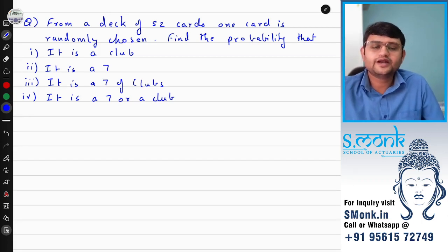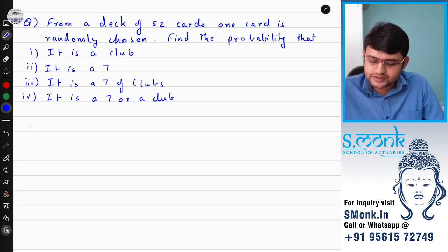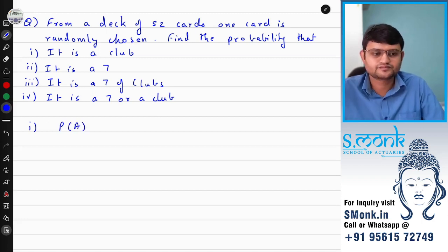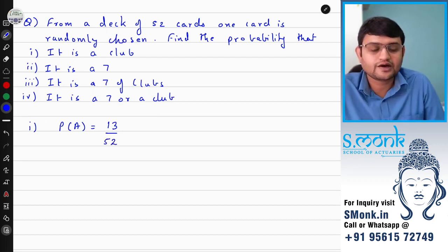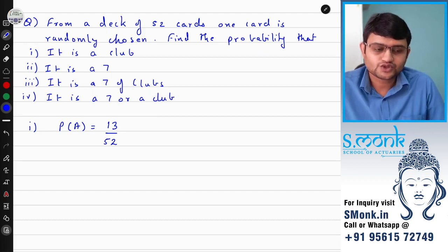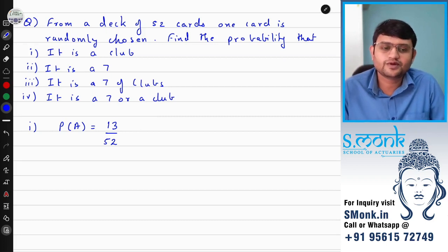Find the probability that it is a club. If I assume being a club is event A, I'll say probability of A. So how do we figure that out? In total I have 13 clubs out of 52. So I have 13 choices for a club out of 52 total choices. 13 by 52, you can simplify it, but I'll leave it as 13 by 52.